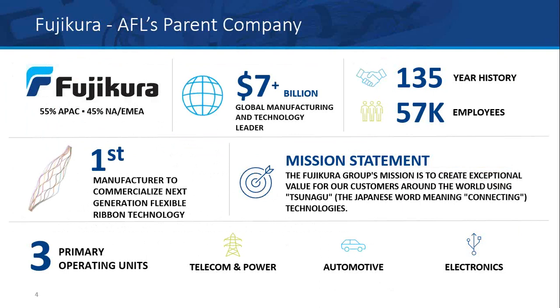Yes, that's the same Fujikura. They're in a lot of different types of industry. It's about a $7 billion company with about 57,000 employees. There are 3 main operating units: telecom and power, where AFL sits, as well as automotive and other electronics. And yes, the golf shafts are in there as well, but they're a smaller operation for Fujikura.